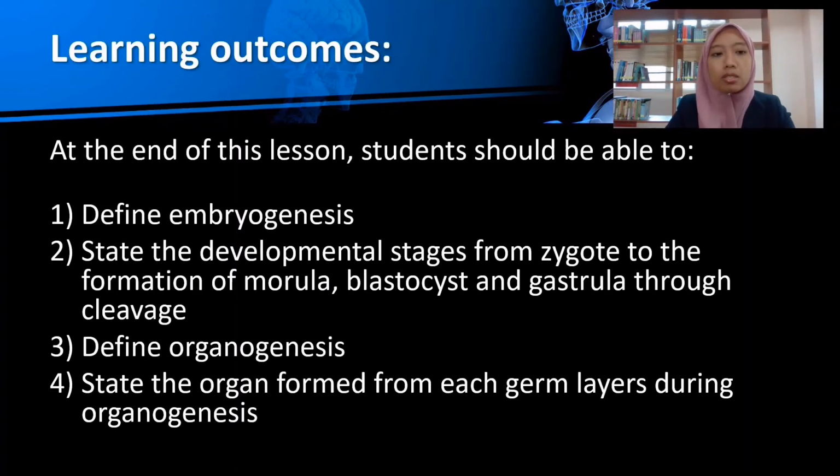Number 2, state the developmental stages from zygote to the formation of morula, blastocyst, and gastrula through cleavage process. Define organogenesis and also state the organ formed from each germ layer during organogenesis. Let's start.